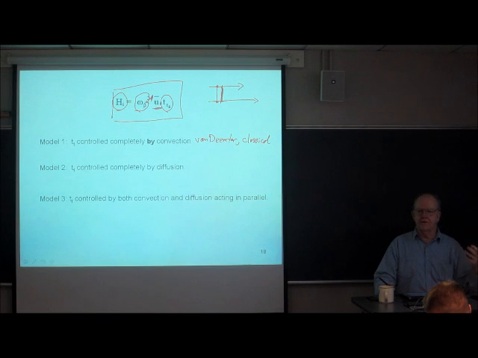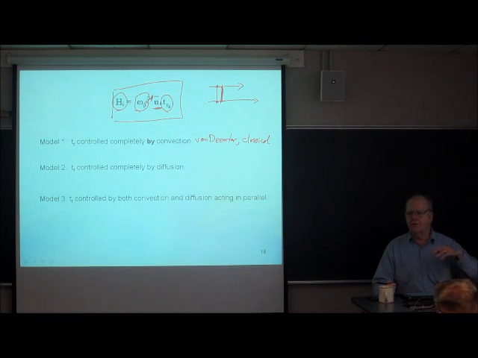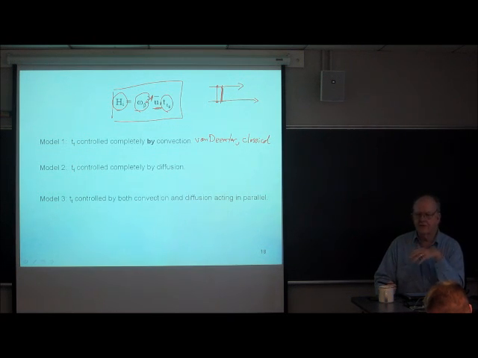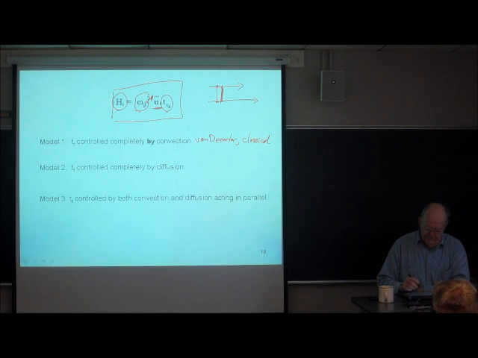So they took a different approach, and they said, okay, let's see what happens if this transfer is controlled completely by diffusion. Now, that also is clearly an approximation, because there could be some convective assistance going on. But if we take it to be controlled completely by diffusion, I'll just call this the diffusion model.